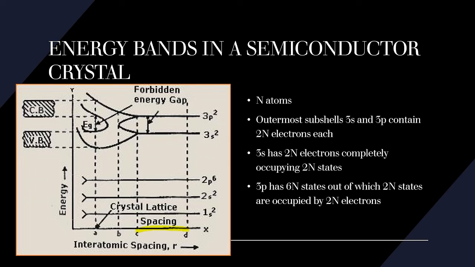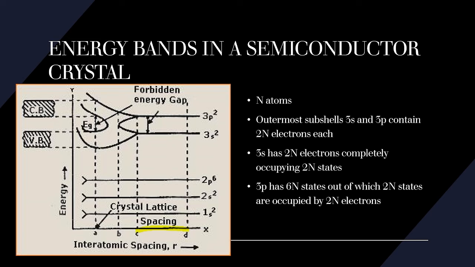If you further decrease the distance between the atoms, you will reach the state of equilibrium, and what you will see is that under equilibrium separation, the filled and unfilled energy levels will be separated again by an energy gap which we call the forbidden gap, which you can see at point A.